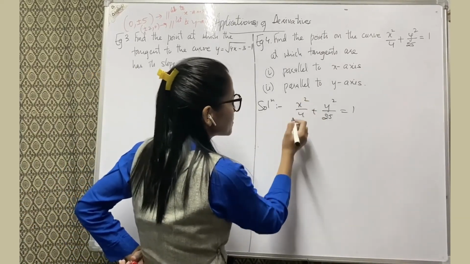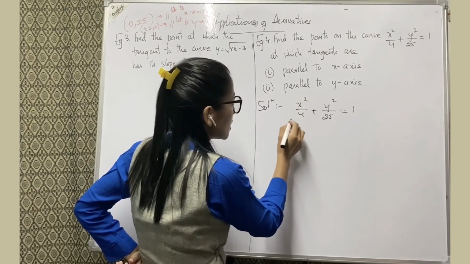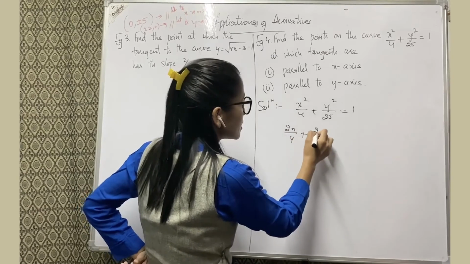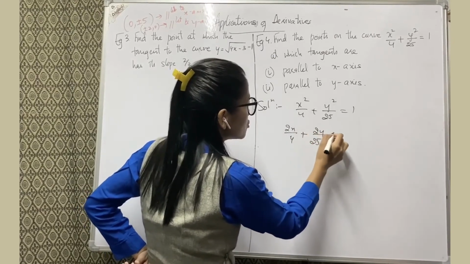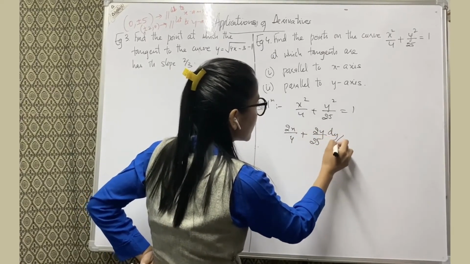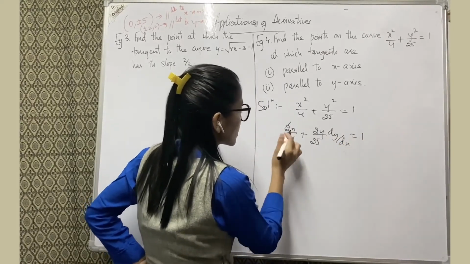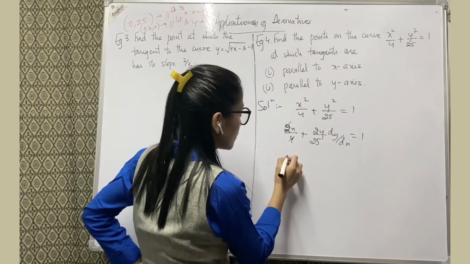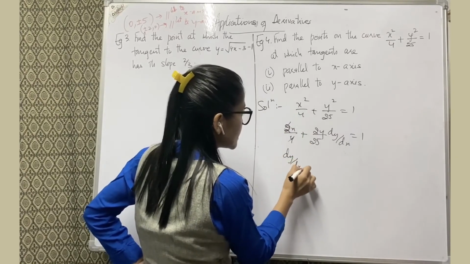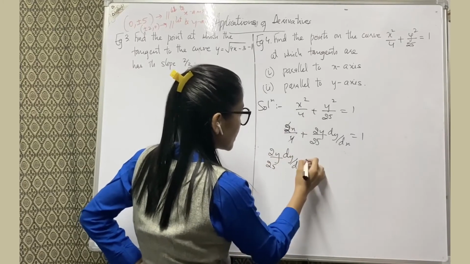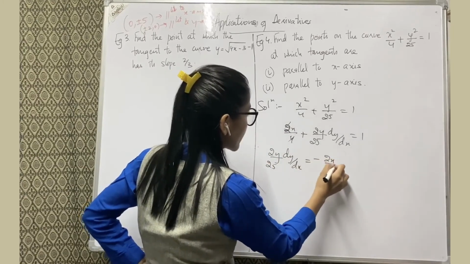So therefore first we differentiate this. So that will be 2x/4 + (2y/25) dy/dx = 0, right? Okay, now I'll just keep it as it is. So therefore we have (2y/25) dy/dx = -2x/4.